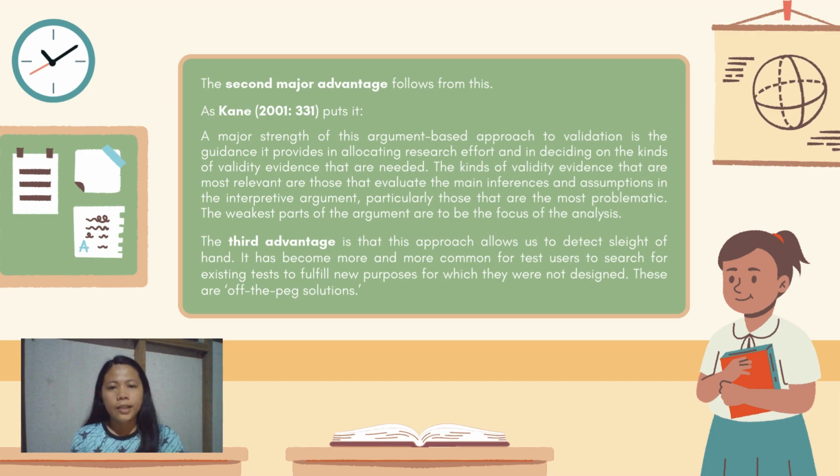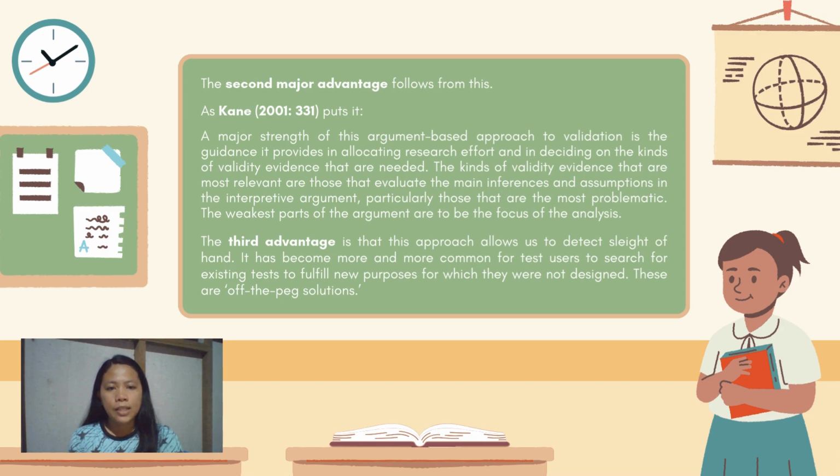The second major advantage follows from this. As Kane 2001, page 331, puts it, a major strength of this argument-based approach to validation is the guidance it provides in allocating research effort and in deciding on the kinds of validity evidence that are needed.